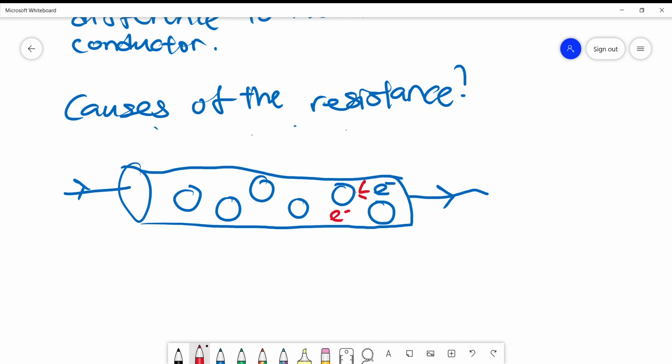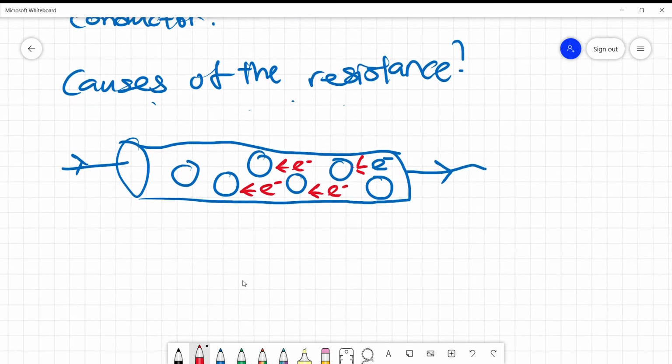This is the movement of the free moving electrons, with their own drift velocity.